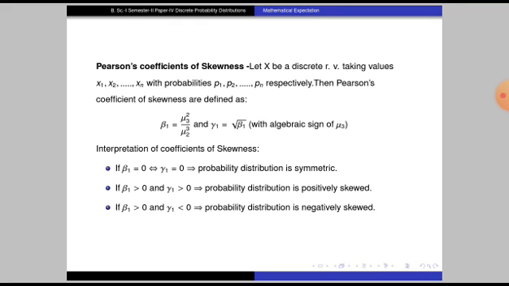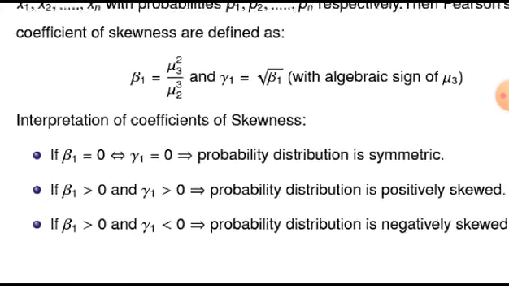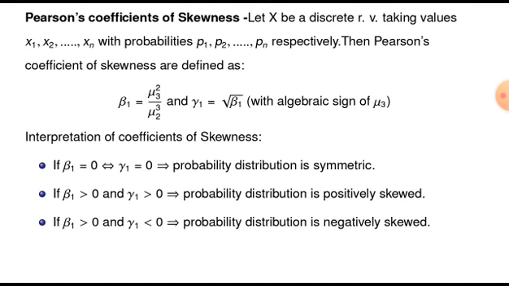Then Pearson's coefficient of skewness is defined as beta 1. Beta 1 is equal to mu 3 square divided by mu 2 cube, where mu 3 is the third order central moment and mu 2 is the second order central moment.